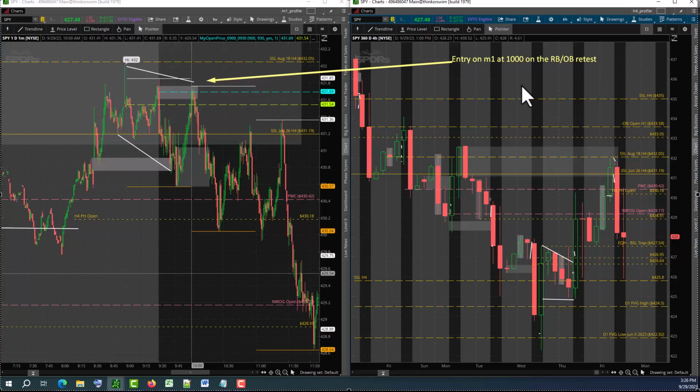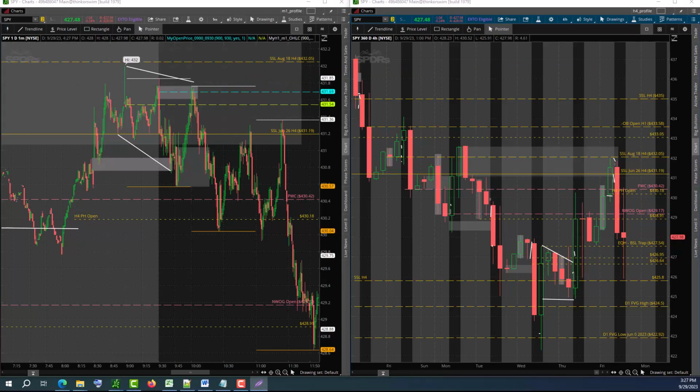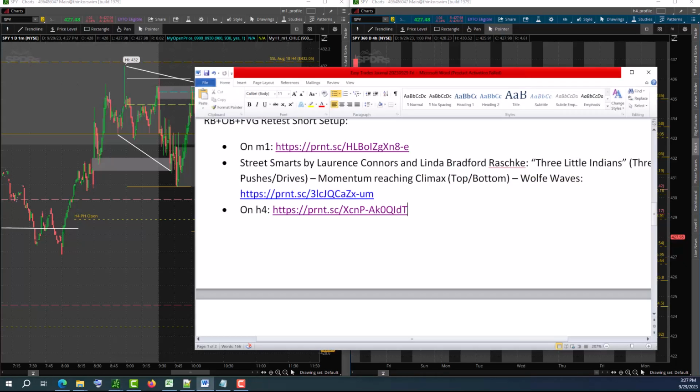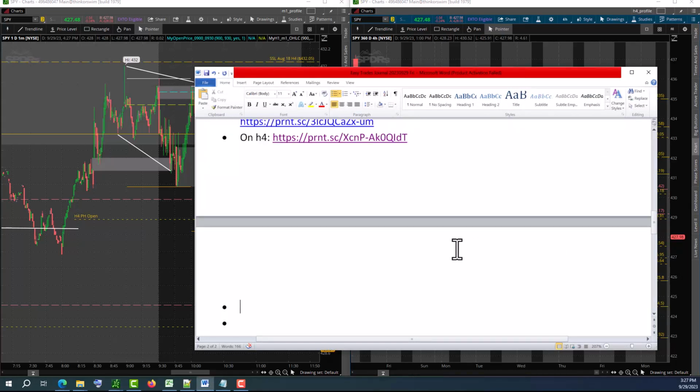Which is right here, and let's go right here. Just one setup, but we keep working on that. We will get it. Okay, so entry on M1 at 10 right there.